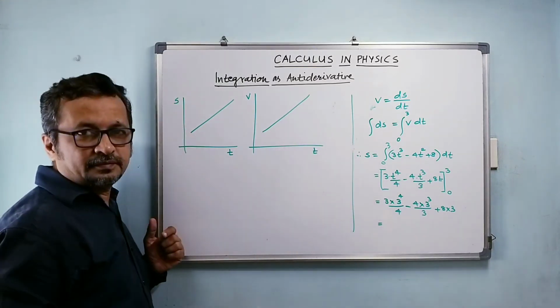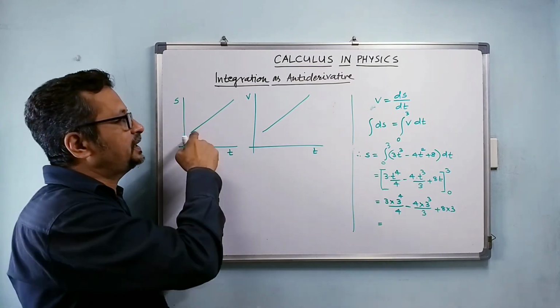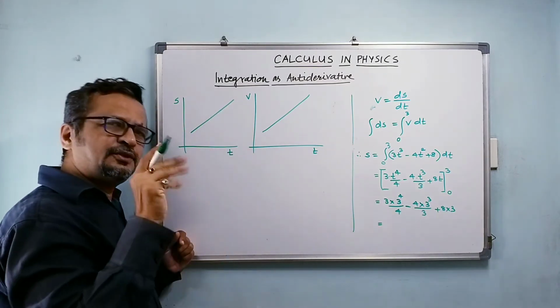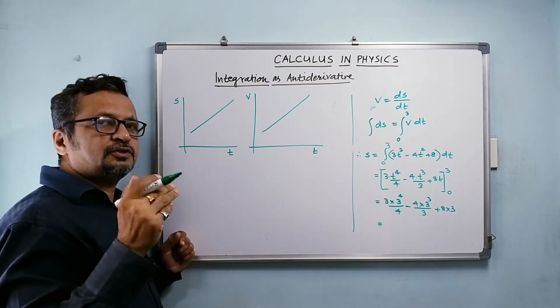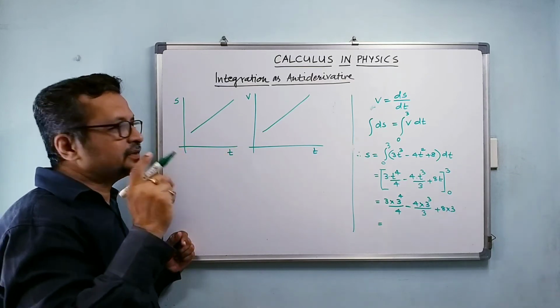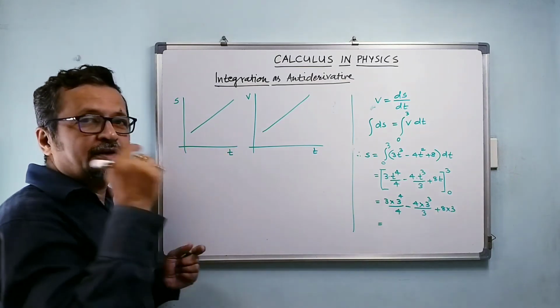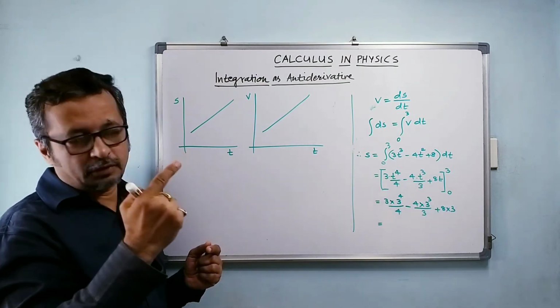Here my graph of displacement with time is a straight line. Is it not having constant gradient? So if the graph is a straight line and the gradient is constant, then that means my velocity, the gradient of the displacement time graph gives you velocity.